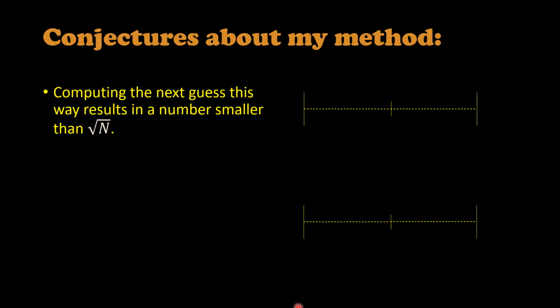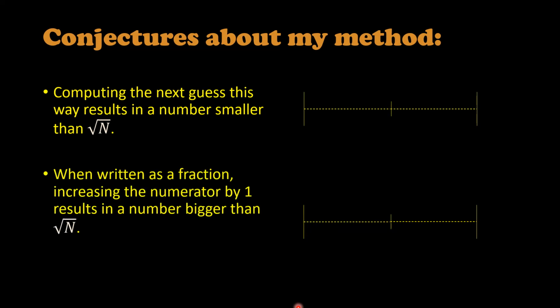My second conjecture has to do with upping the numerator by one. If we write our next guess as a fraction, then when you increase the numerator by 1, you'll get an overestimate for the square root of n. These are things that have to be proven about my method. I based this on numerical evidence.